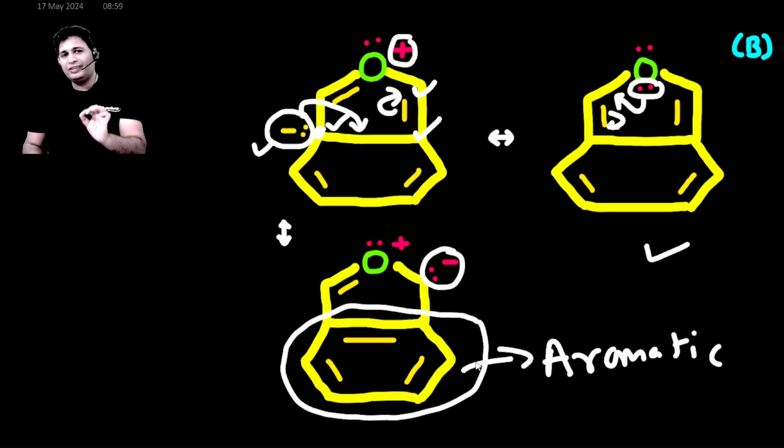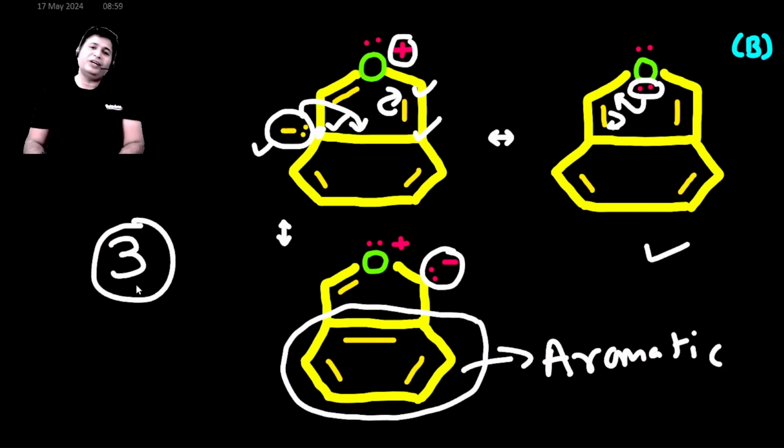For the third one, you have to make some shifting of electrons to draw the proper resonating structure which can reflect the aromatic character as we have seen. So again, the final answer is 3. So for both the compounds A and B, if you try to find it properly, you will get to see 3 aromatic cycles.